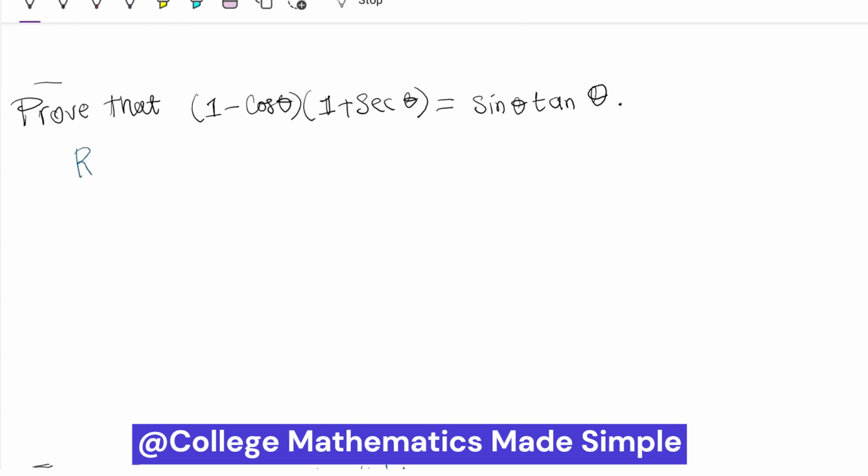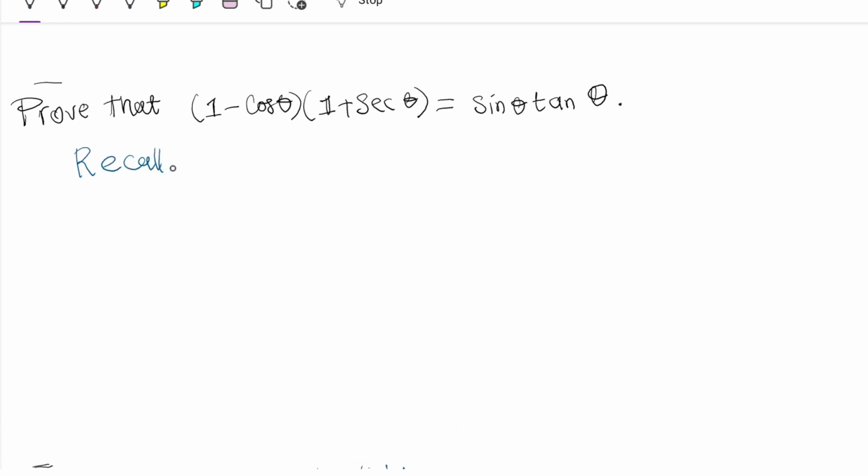I will say recall. So you're going to remember, what are we remembering? We are remembering sec theta. So sec theta is given by what? You should know that this is 1 over cos theta. All right.